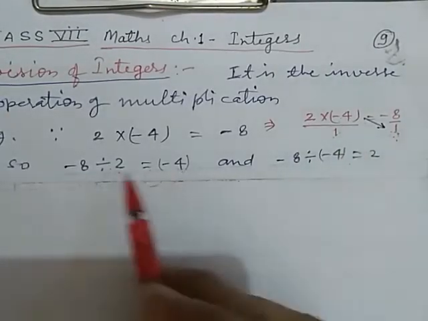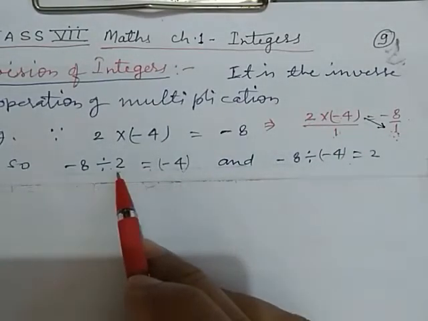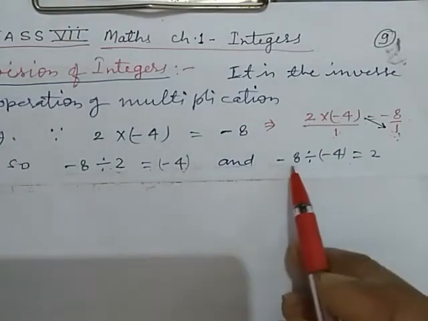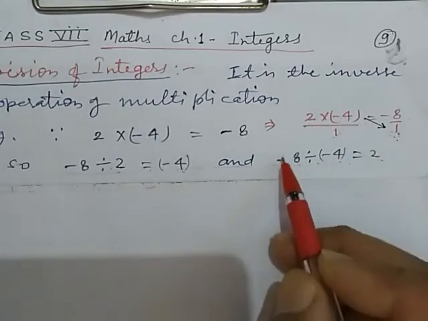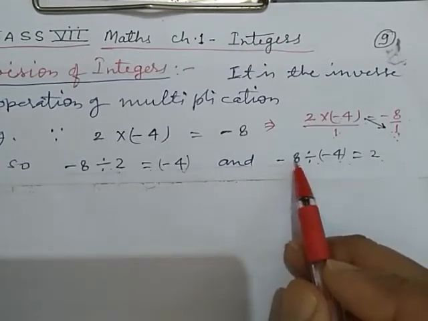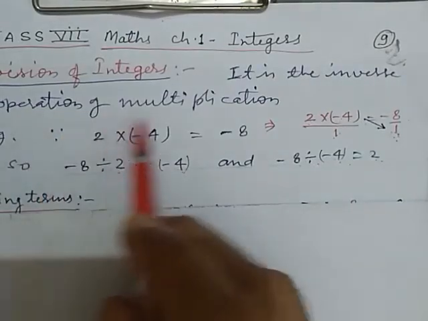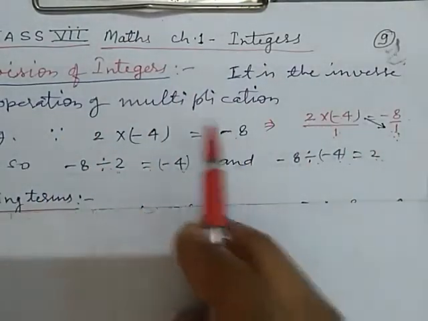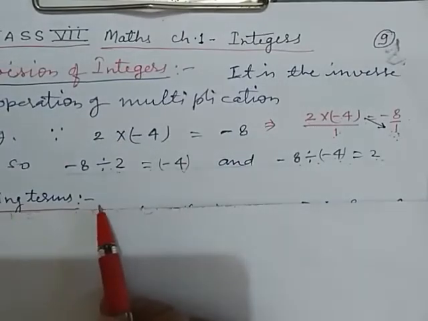So we can write minus 8 divided by 2, we get minus 4. And minus 8 divided by minus 4, we get 2, because minus and minus become plus, and 8 divided by 4 is 2. Okay. So this way we can make our division easier.